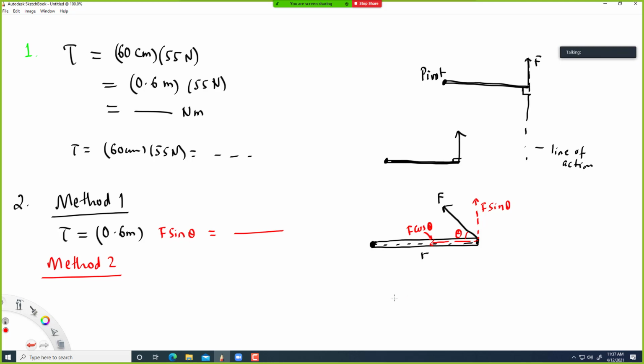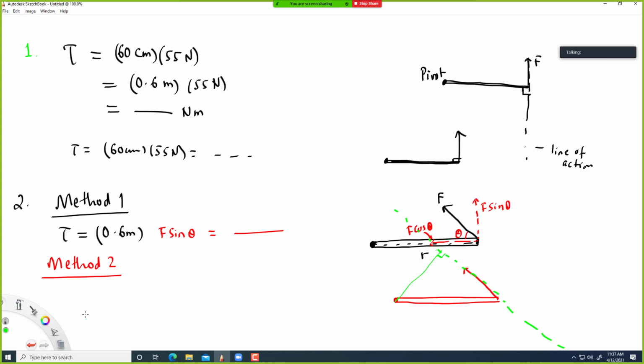In method 2, so that is the force. Draw the line of action. So, that is the line of action, and then draw a perpendicular line on that line of action from the pivot. So, draw that. Okay.